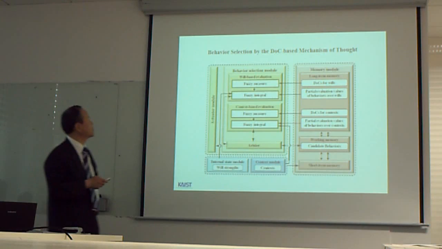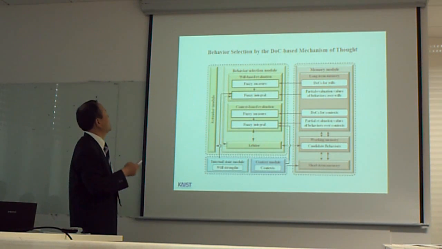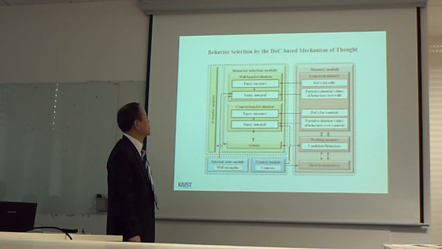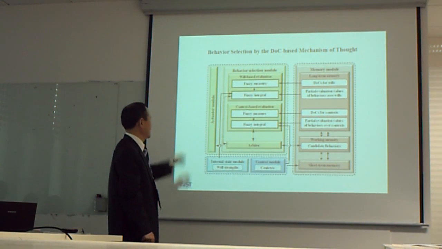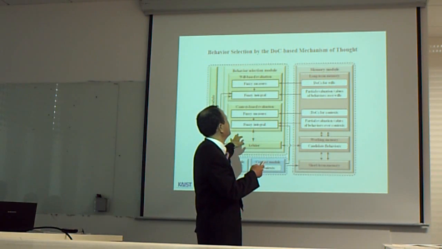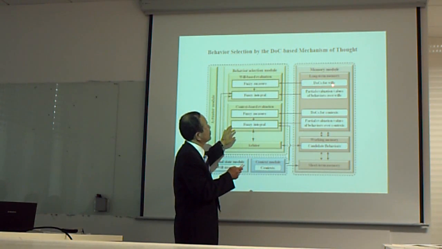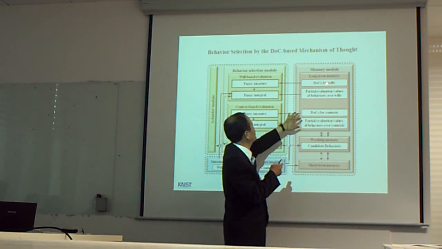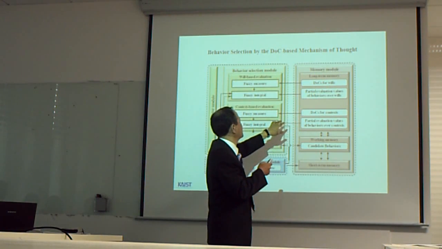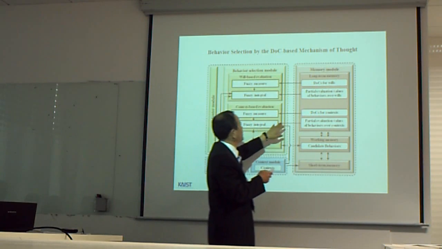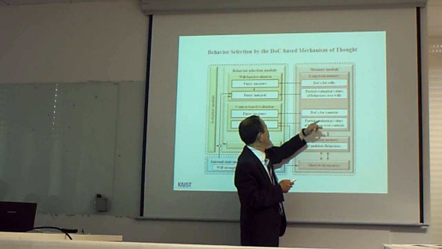So this one shows the application to behavior selection. It's somewhat complicated, but the basics are quite simple. In the long-term memory, the degree of consideration for fields and elements is provided as memory contents, and we have partial evaluation values of behaviors over fields, elements, and the degree of consideration for context.